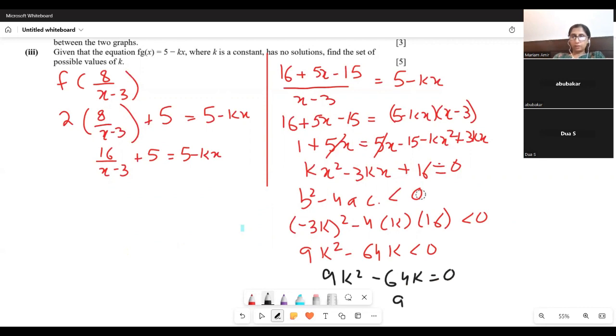k is common, can I take 9 common? So k common, and we have 9k minus 64. So we're getting k equals 0 and k equals 64 by 9.